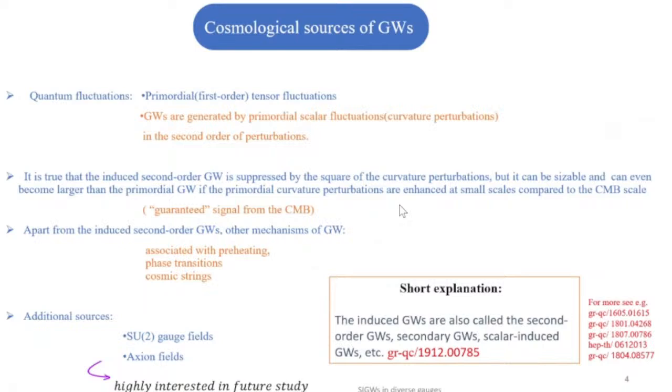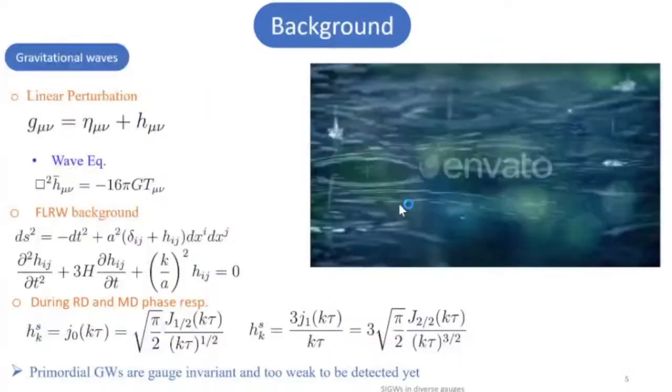A little bit about the background of the secondary gravitational waves. Here is basically linear perturbation around Minkowski space-time, where we have just the wave equation. Similarly, we can discuss perturbation around FRW, and we have this kind of equation.